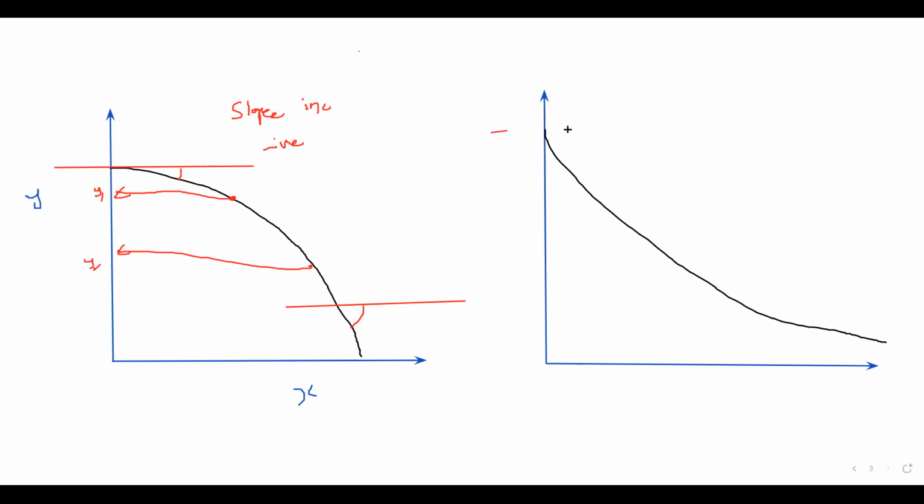So when we draw the horizontal line, the angle with the x-axis, in the beginning it is much steeper, but as we move on, the angle is decreasing. So if the angle is decreasing, it means the slope will decrease.